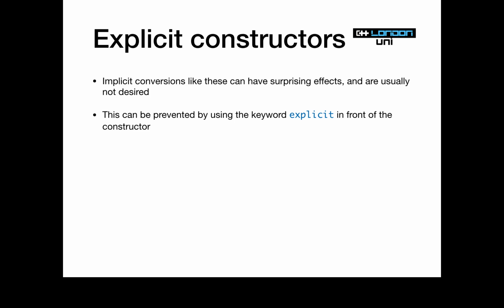So to avoid a single argument constructor being used as an implicit conversion, we can use this special keyword explicit. You can put it in front of any constructor, but it only really has an effect with single argument constructors. We write the word explicit in front of the constructor declaration, and that prevents it from being used as an implicit conversion.